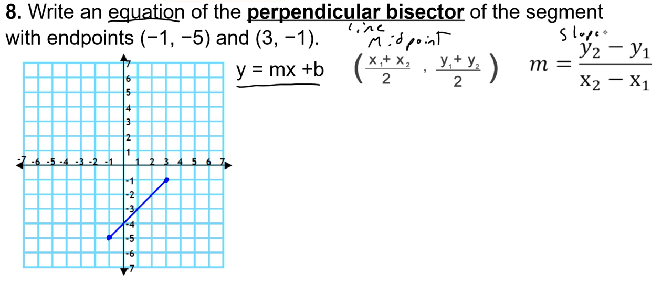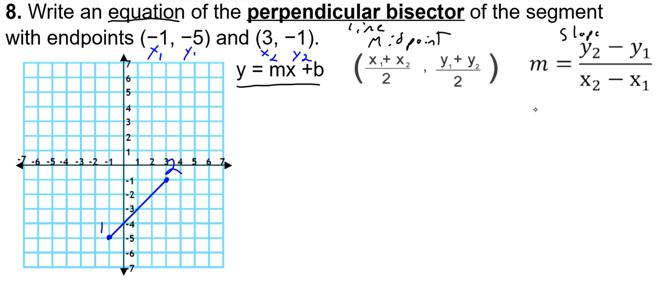So the first thing I'm going to do is find the slope of this line. So let's go ahead and call this x1, y1 for that point here. That's point 1. Point 2 is x2, y2. That's point 2 there. So to find my slope, I'm going to use this equation.